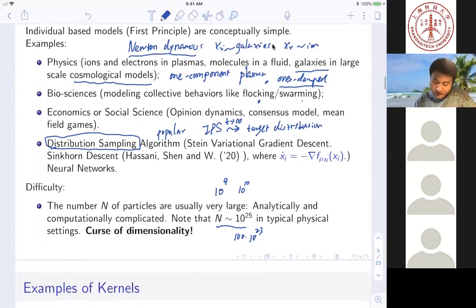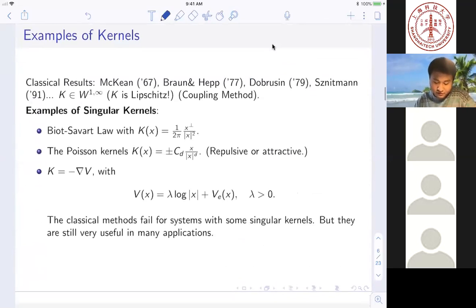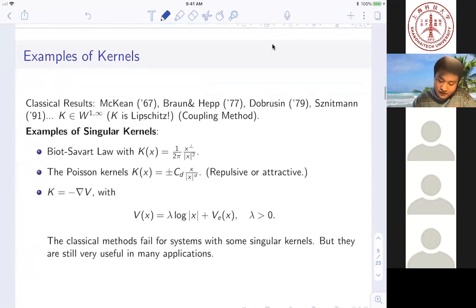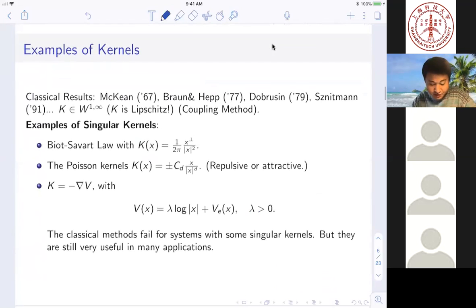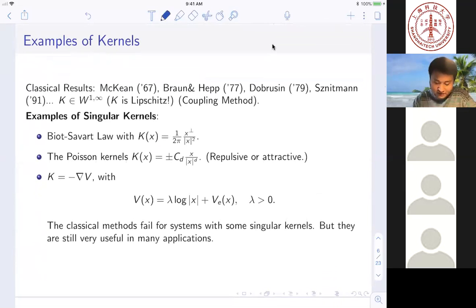So we go to the classical idea, going back to Boltzmann and Maxwell: deriving macroscopic PDEs. So I will briefly go through the classical results. There are many, and they are very old. I guess this is in kinetic theory, Vlasov.